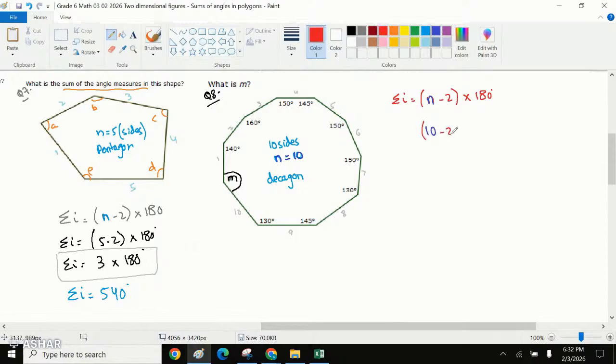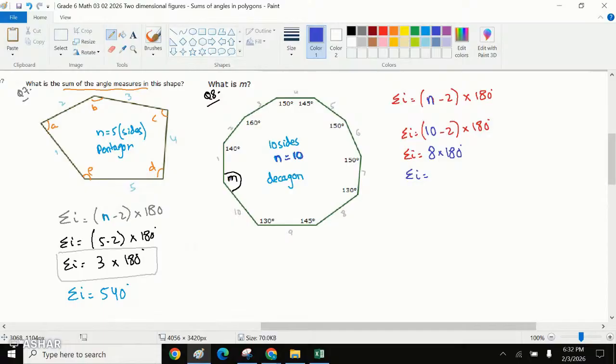So the sum of interior angles comes out to be 8 multiplied by 180. Ashik, you're making a typing error.